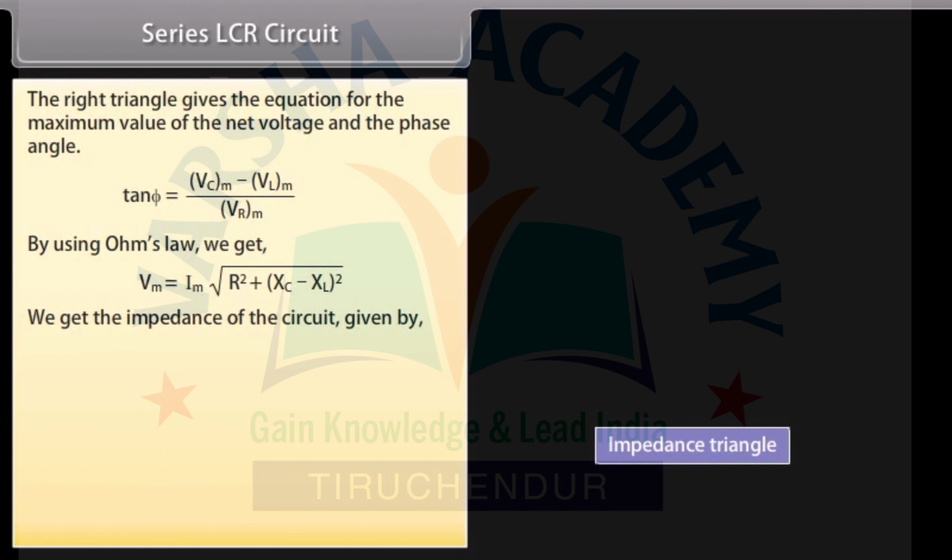We get the impedance of the circuit given by Z equals under root of R square plus XC minus XL square. Now, the above equation becomes Vm is equal to product of Im and Z.